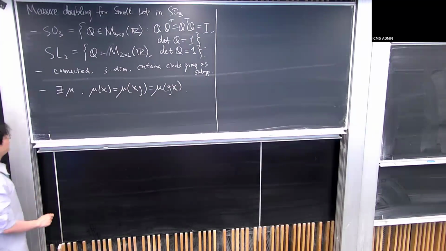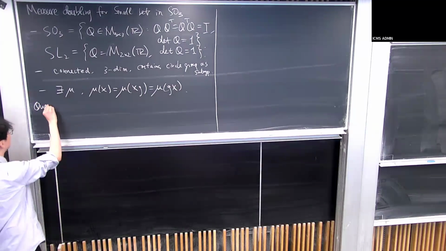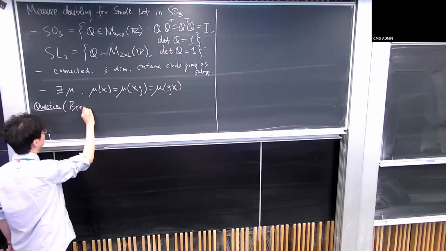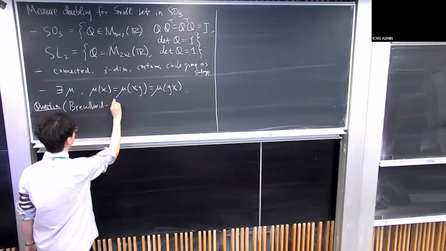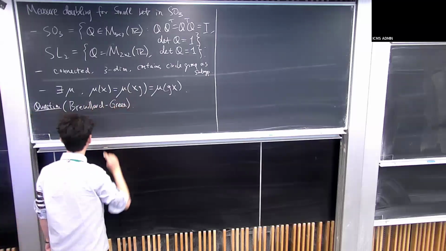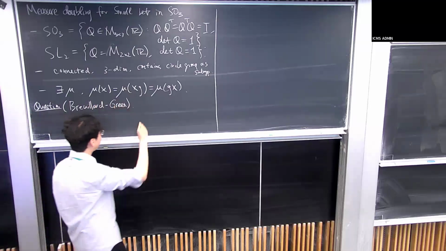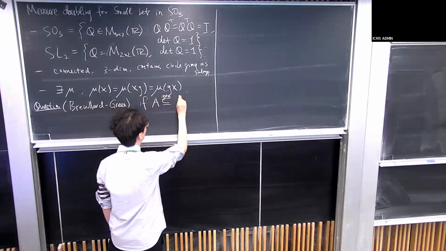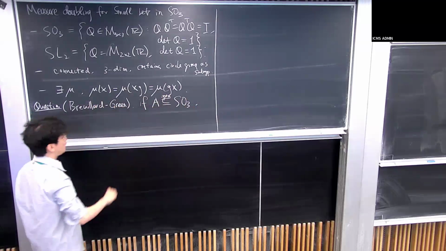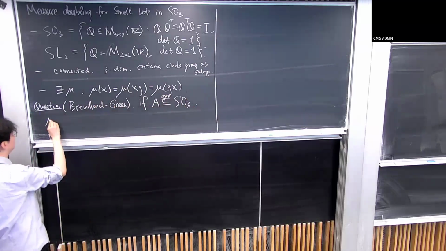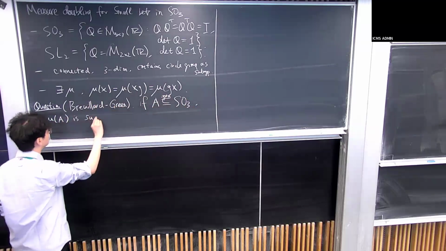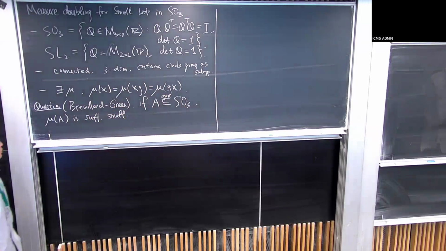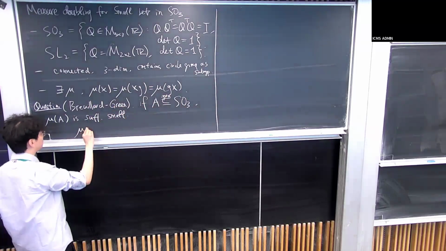So the question I want to study here is a question by Emmanuel Breuillard and Ben Green. They ask: if A is a subset, let's say an open subset, of the SO3R group, and A has sufficiently small measure, do we have the following inequality?